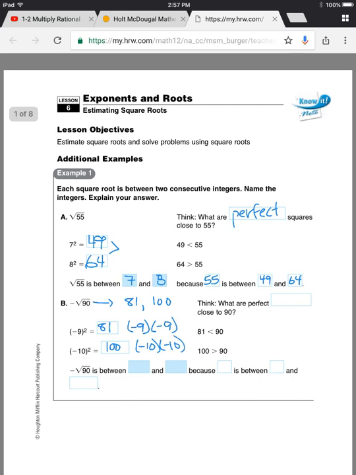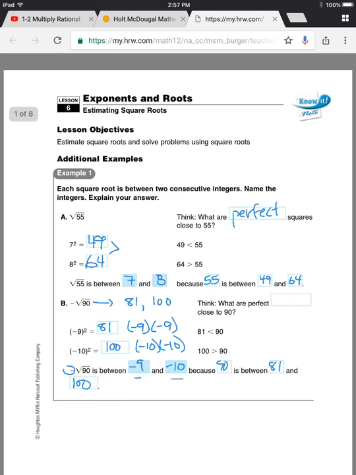Okay? So negative square root of 90 is between negative 9 and negative 10, because 90 is between 81 and 100. And the reason we put the negatives here is because of that negative sign right there.